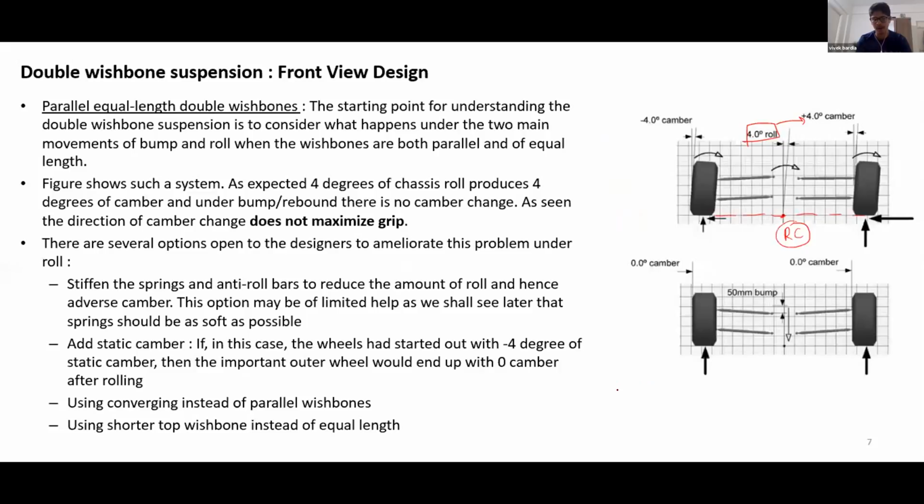If you have a parallel link suspension, the instant center is at infinity, right? Because if you extend the two links, they never meet. So we say that the instant center is at infinity. How do we get the roll center from the instant center? We join the instant center to the tire contact patch, right?